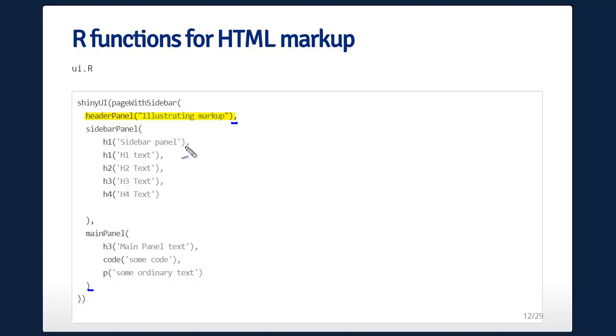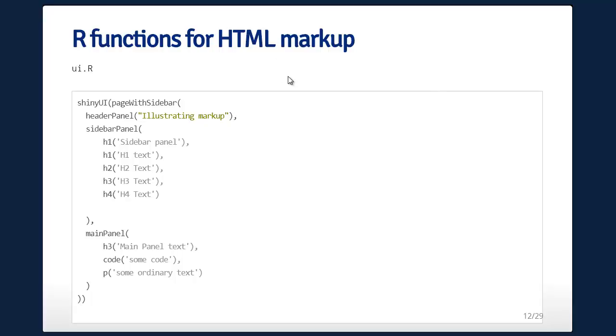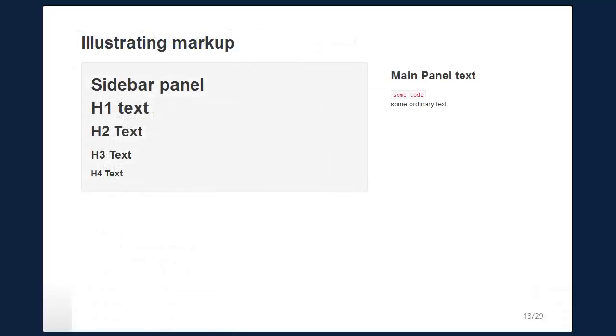So h1 in the sidebar panel, and then there's got to be a comma there. h1 text, comma there, h2 text, comma there, h3 text, comma there, and so on. All of these things will render in the sidebar panel. In the main panel I've got three things: some main panel text, some code formatted as code, and p, some ordinary text. So this is just a simple UI function that shows the rendering.